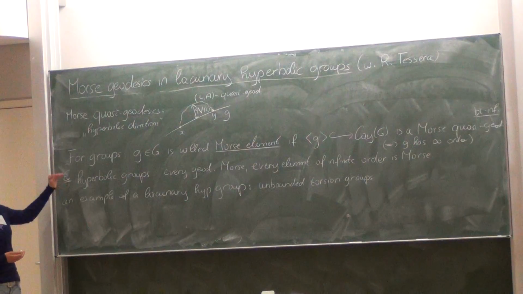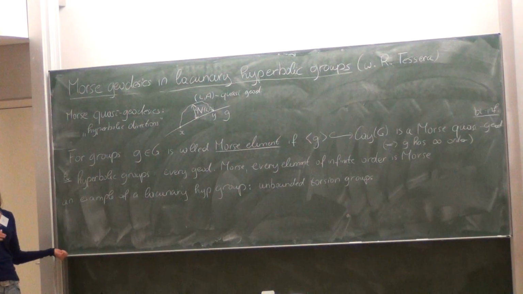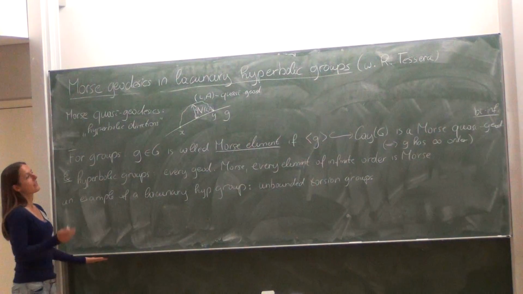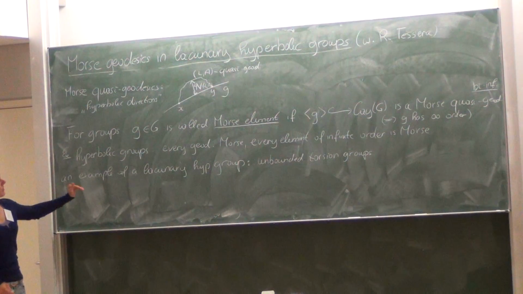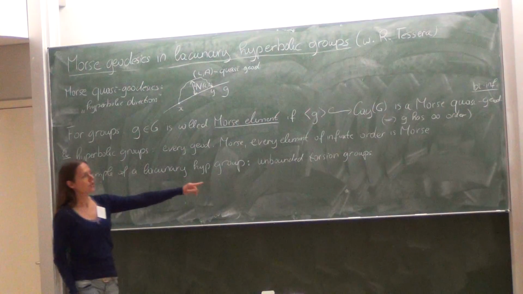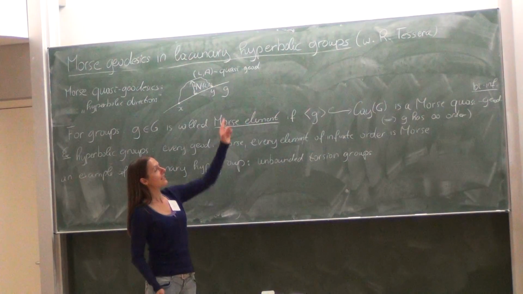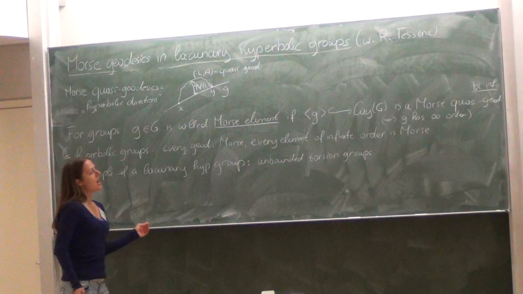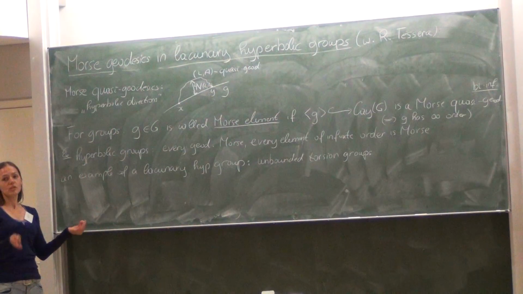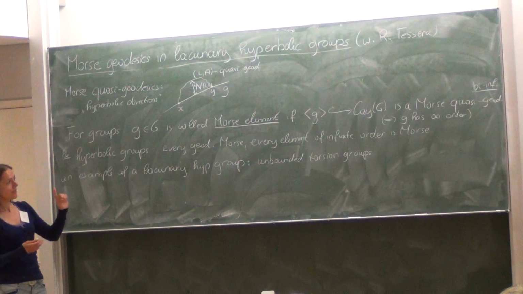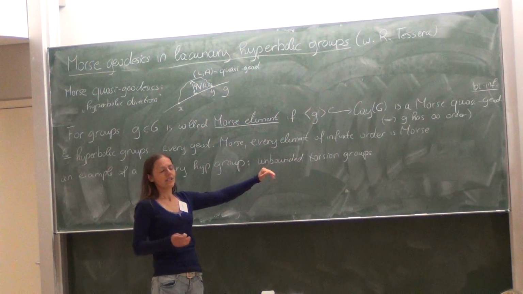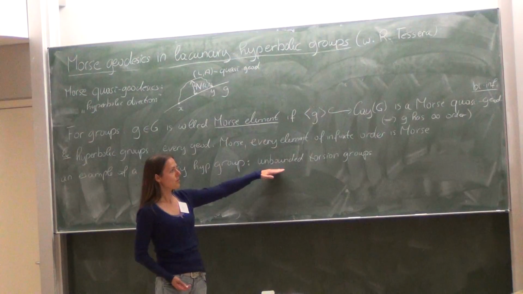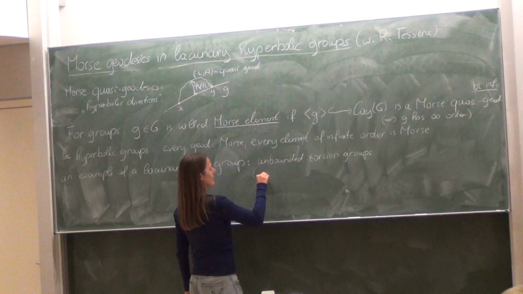So the question we had was whether you can have Morse geodesics in torsion groups, and that's the reason for this talk. So we looked at these unbounded torsion groups coming from that class of lacunary hyperbolic groups, and we exhibited Morse geodesics in it. If you have unbounded torsion, it means every element has finite order. So this group can't have Morse elements.